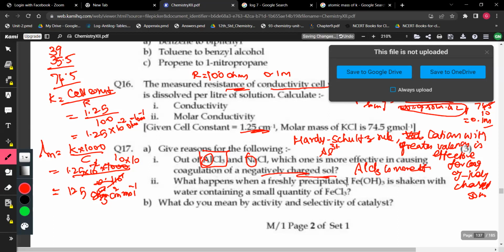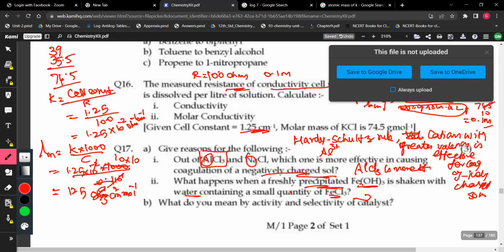What happens when freshly prepared ferric hydroxide is shaken with a small quantity of water containing ferric chloride? Here it is a precipitate, and the precipitate is shaken with water and electrolyte. Precipitate to sol conversion happens.